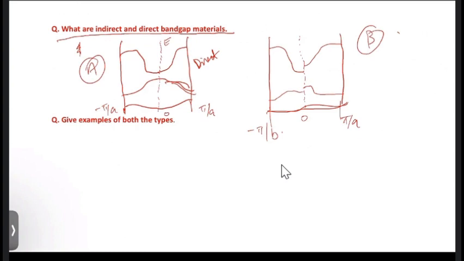Whereas in the indirect band gap, we can see these 2 points, the highest and lowest points, are different. There is a phase change. Here it is in pi by A position, and this part is in minus pi by B position. The band gap is indirect.